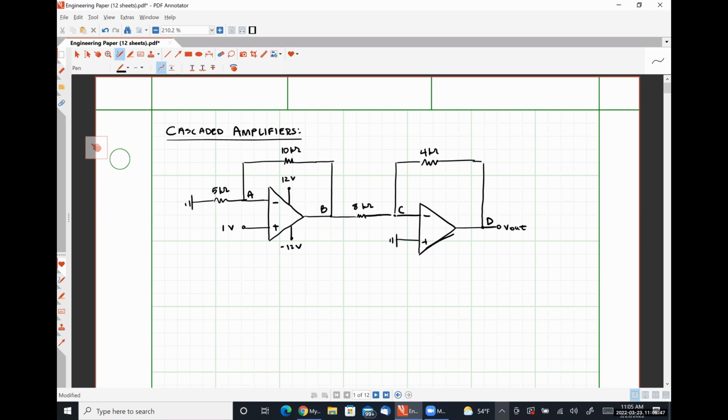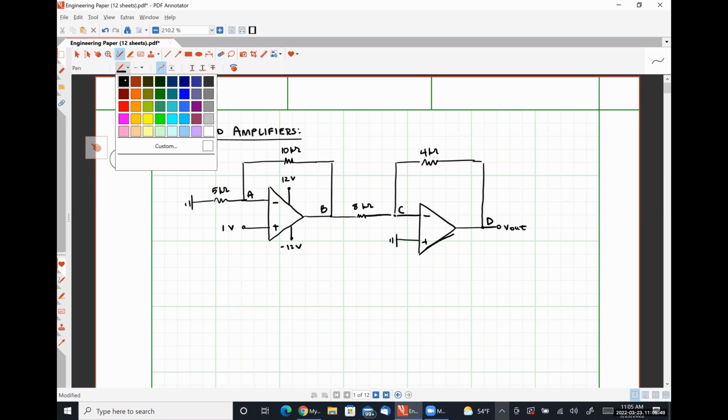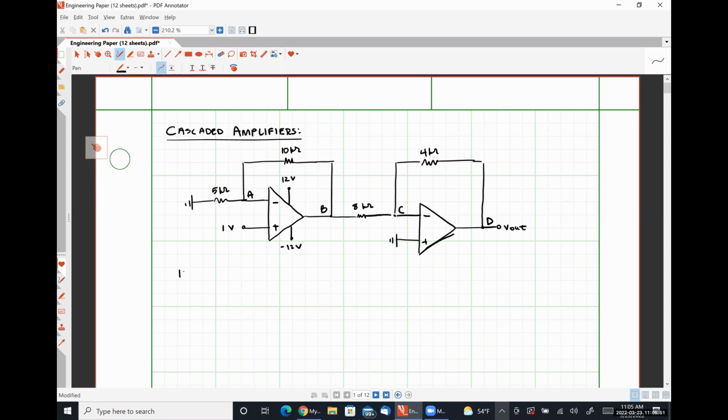So if we look at KCL at node A, where, to be clear here, both of these amplifiers, let's call it A1 and A2, employ negative feedback. So we are going to use our ideal op-amp rules, okay?